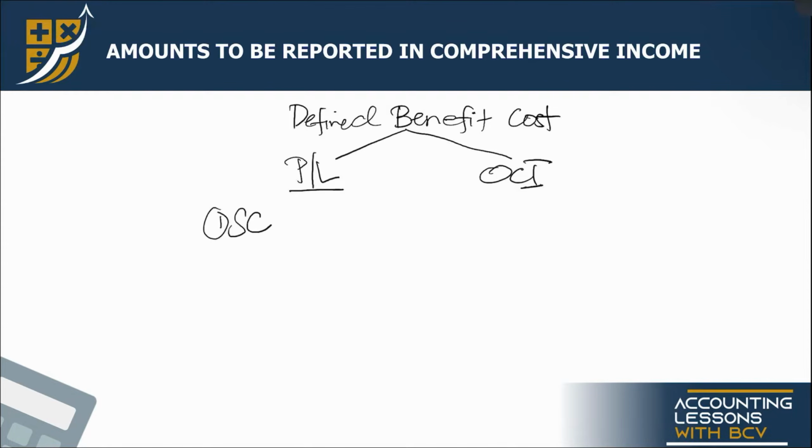Ano yung laman ng service cost natin? The current service cost, the past service cost, and your gain or loss on settlement. Tatandaan nyo, pagdating sa gain or loss on settlement, ang naka-positive dyan ay si loss at naka-negative si gain.